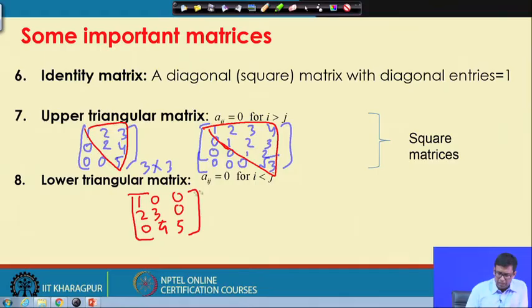Interestingly, it is mandatory that the terms with column ID greater than row ID in a lower triangular matrix, or row ID greater than column ID in an upper triangular matrix, have to be 0, but many of the other terms can also be 0. A sparse matrix can have lower triangular and upper triangular form in that sense.